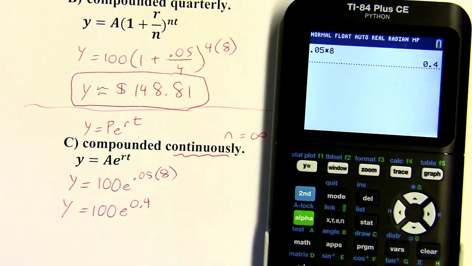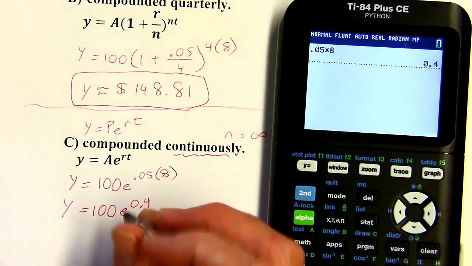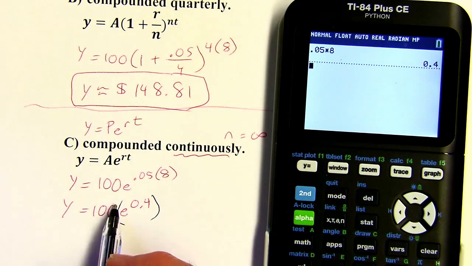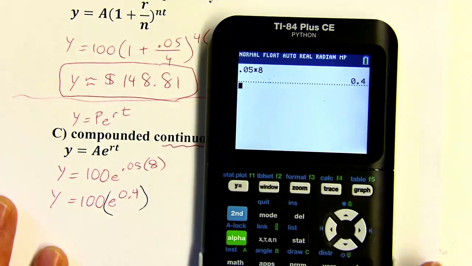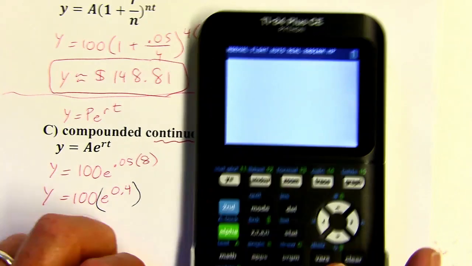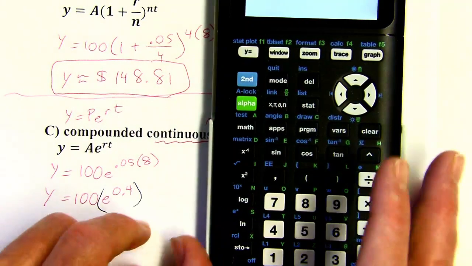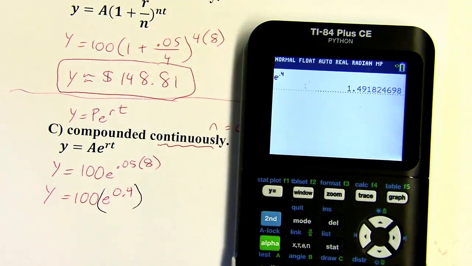Now, it's tempting to take 100e and raise that to the 0.4th, but you don't want to do that because 100 is actually raised to the first power. We want to do this exponent first. So I want to do e raised to the 0.4 and then multiply that by 100. Okay, so I'm going to hit second and then this ln button down here because it says e to the x. And now I've got e, and I'll raise that to the 0.4.